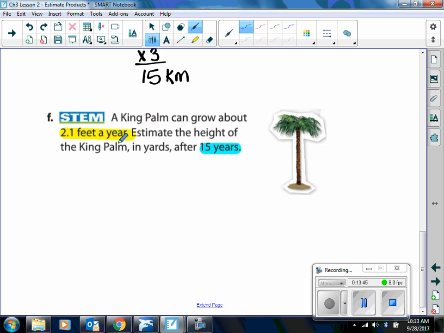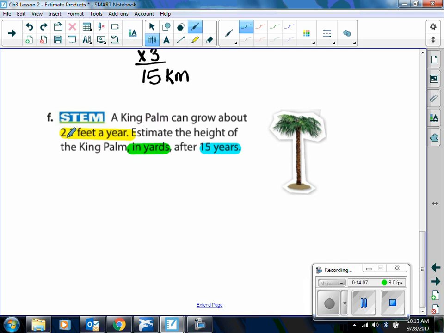Estimate the height of the king palm in what? In yards. Does everybody see there's an extra step in here? Okay, so we're going to have to do some dimensional analysis here, right? Well, let's just do it.